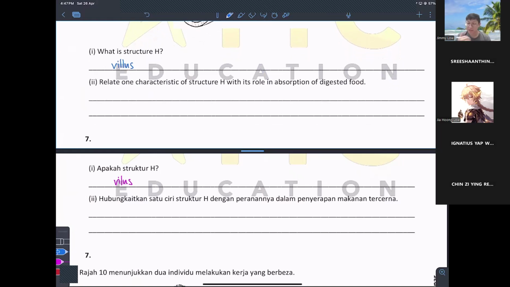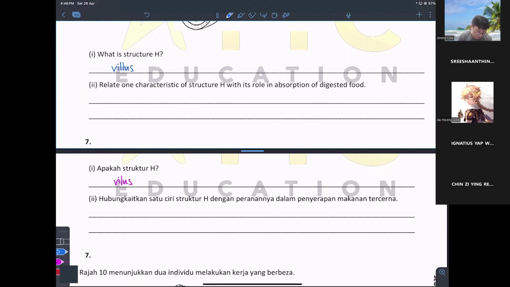For example, you can answer in a smart way. I forgot the word villus already. Can I still answer this question? Yes. I don't name this thing, I just use the word in the question, structure H. Structure H has a wall that is one cell thick.